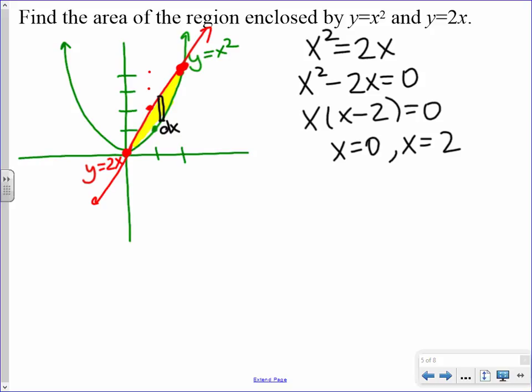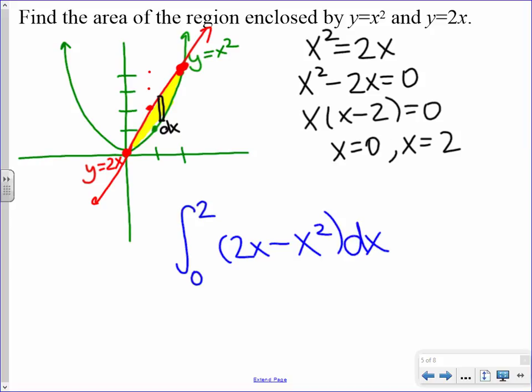Okay, so let's set this up. Our area is going to be the integral from 0 to 2. Isaac S, what's our top function? Okay, y equals 2x is our top function, minus our bottom function, which is x squared.